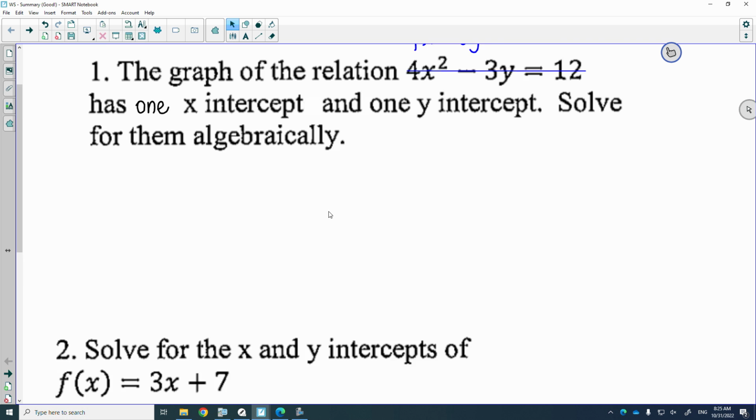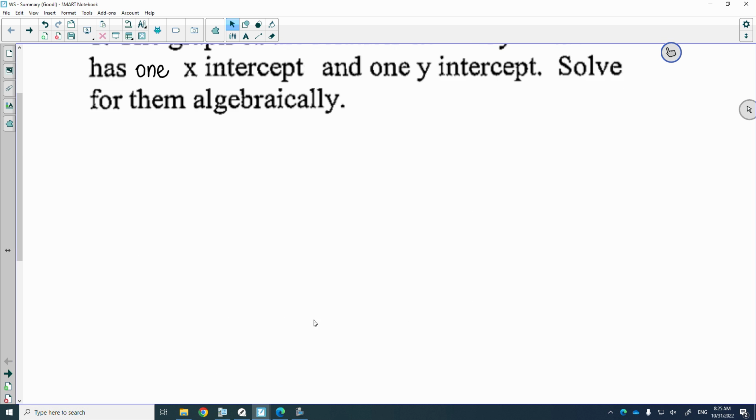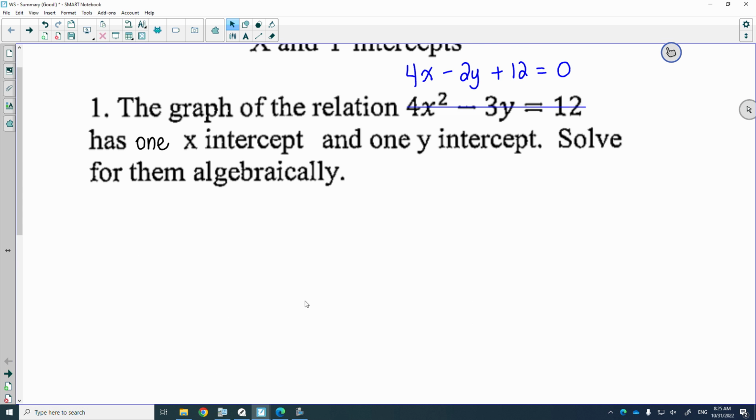So how you do that, if you want the x-intercept, what do you do? Yes. If you are solving for an x-intercept, you let the opposite variable, which would be y, equal 0.